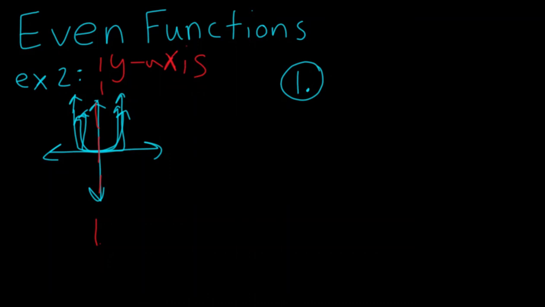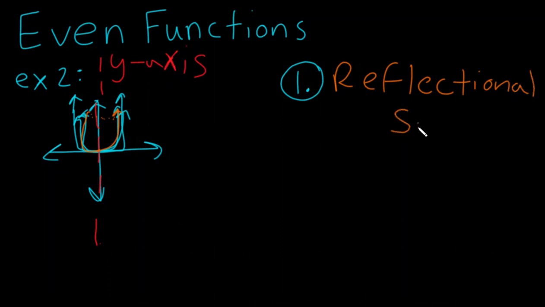So we're saying, hey, anything that we have here on the right, you can directly reflect it over here on the left, and these two things would fold perfectly on top of each other. So of course we'll call this reflectional symmetry. Now remember, I'm going to abbreviate the word symmetry, just S-Y-M, but there's our reflectional symmetry.